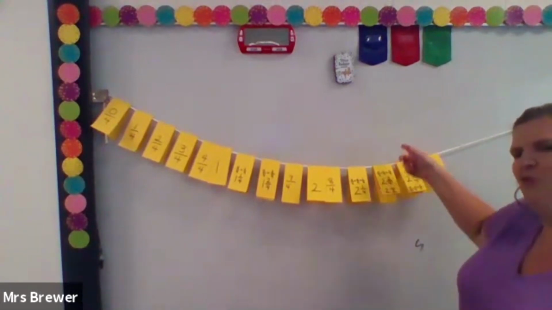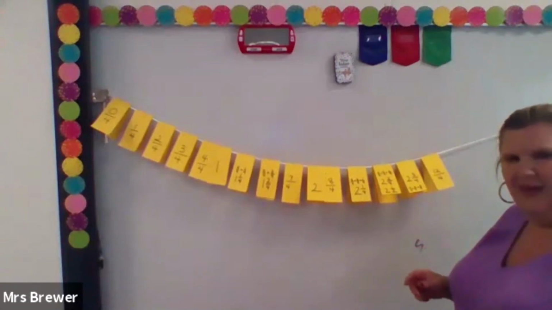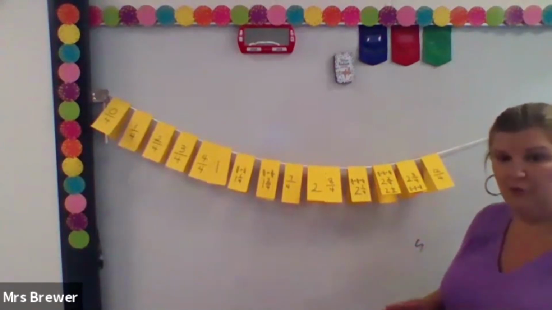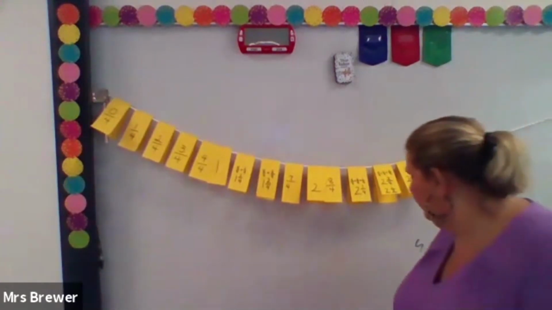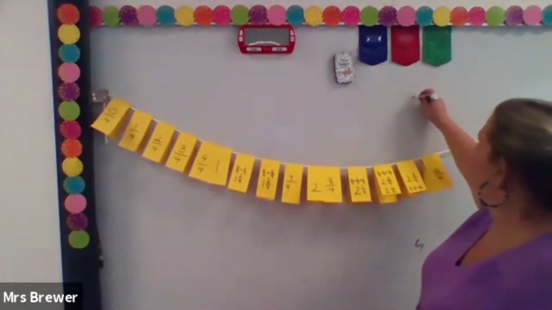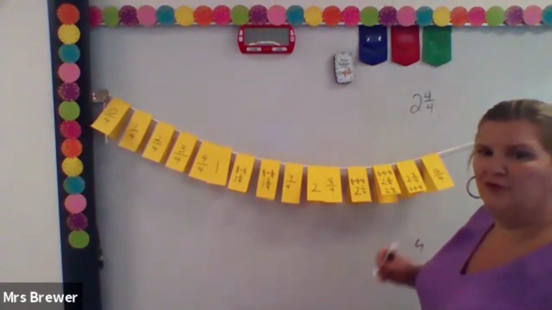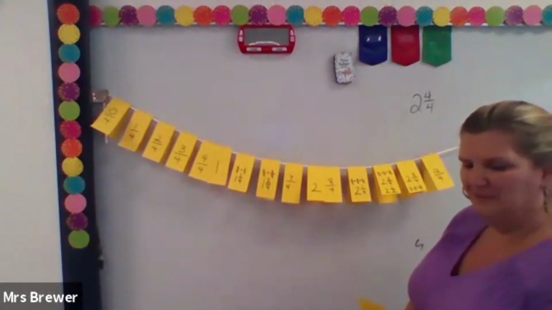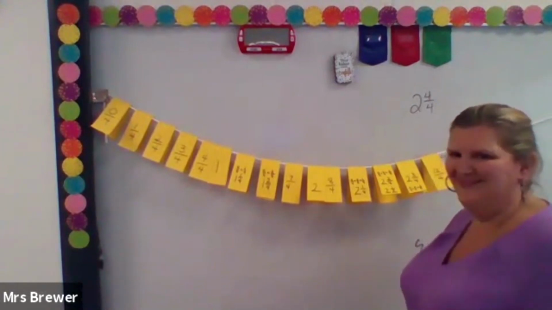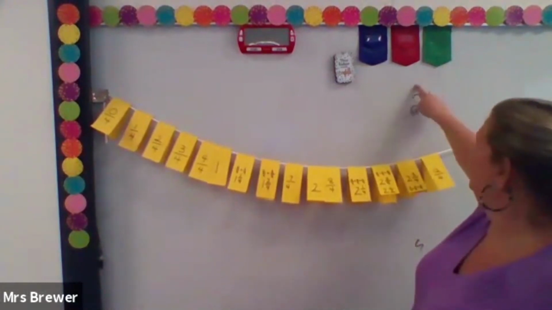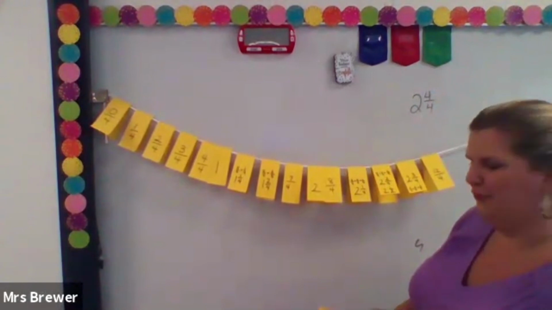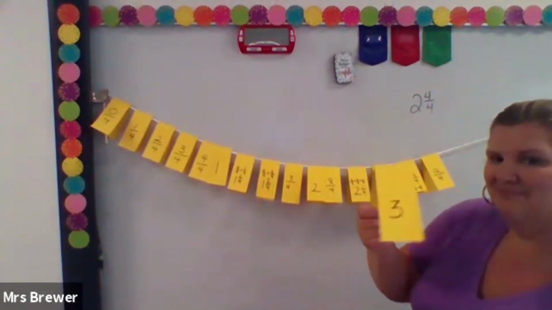If I add 1 more, would be what? 2 4/4, right? What is 4/4 equivalent to? I know 4/4 is equivalent to what? You're right, 1. So what's another 1 whole added to 2? 3.